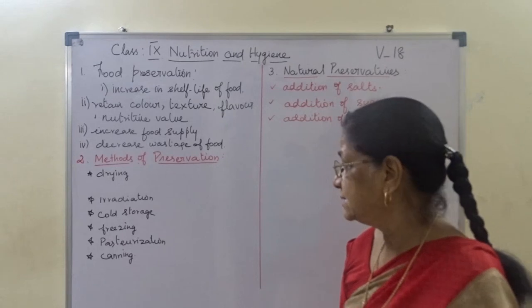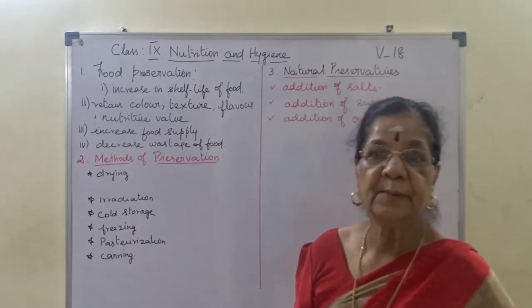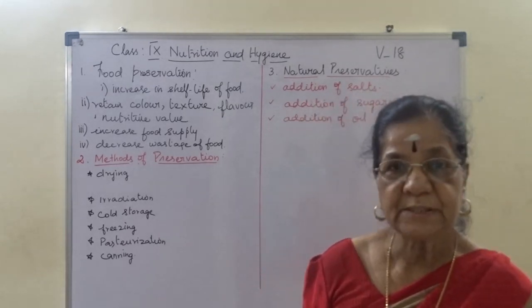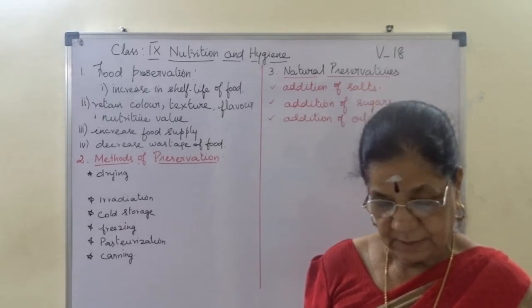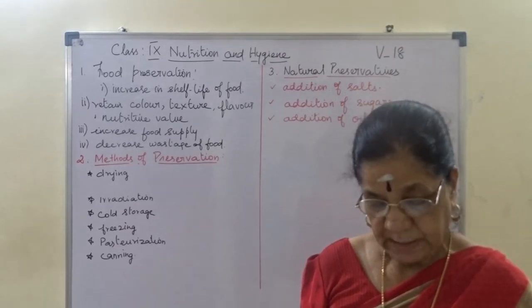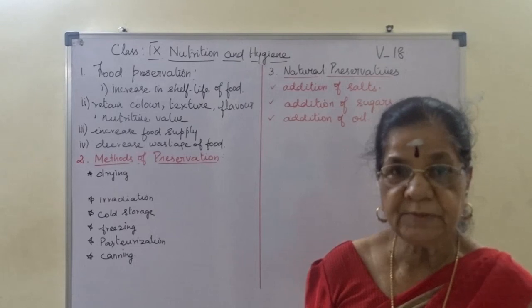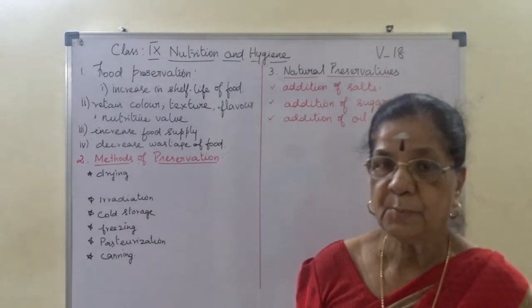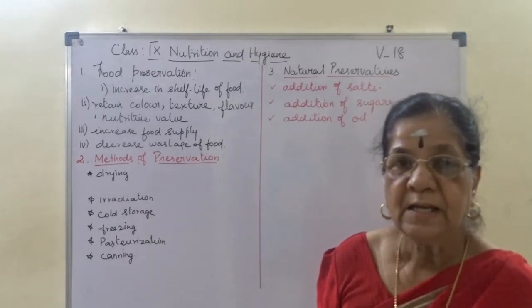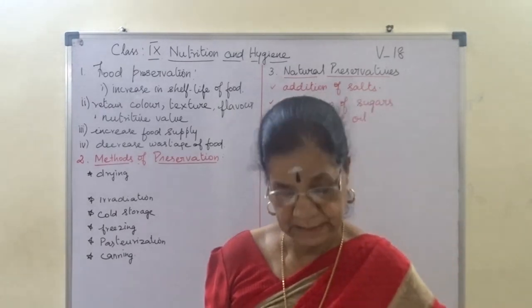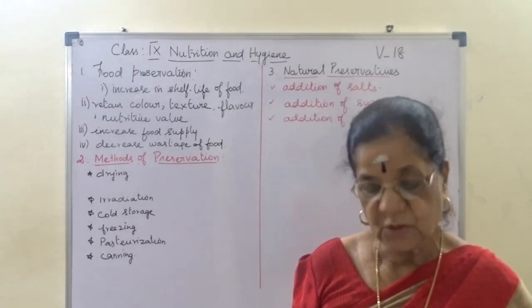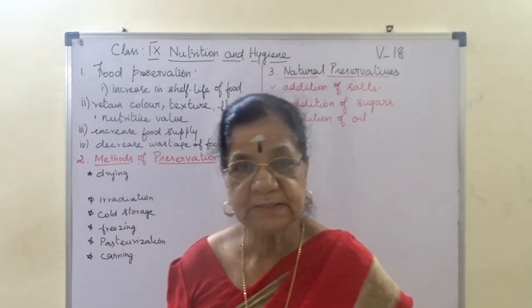Then pasteurization, it is the best method of preservation, a process of heat treatment of liquid food products. நம்ம ஆவின் பால்லாம் வருதுல்ல, அதில் pasteurized milk, for preservation of milk and beverages.